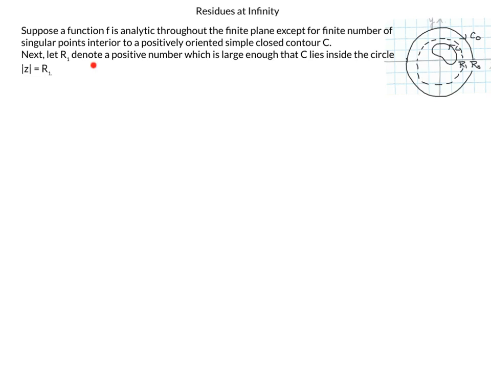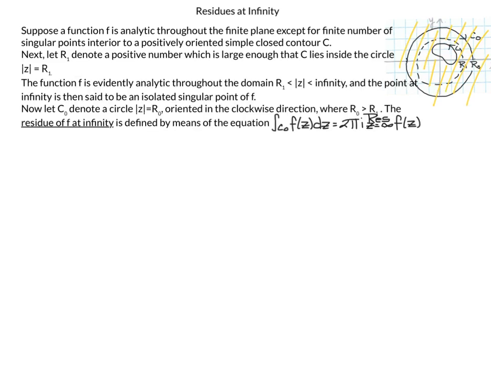Next, we're going to let R1 denote a positive number. It's a radius, which is large enough that C lies inside the circle modulus of z is equal to R1. So here's our R1. So it's a circle of radius R1, which is big enough to enclose C. Remember, f is analytic everywhere except maybe those singular points contained in C. So the next point is the function is analytic throughout the domain z, modulus of z is greater than R1 and is less than infinity.